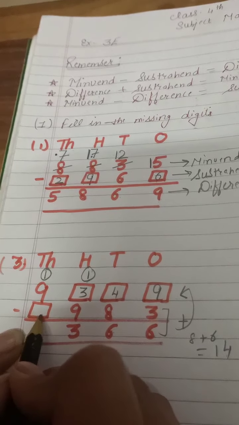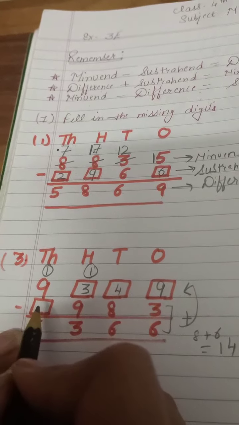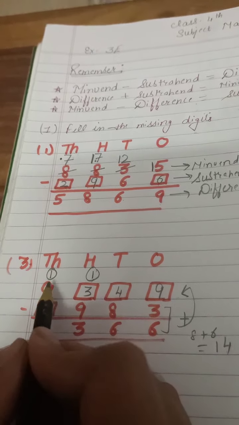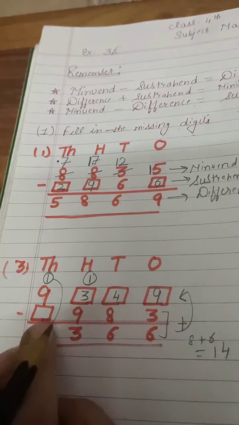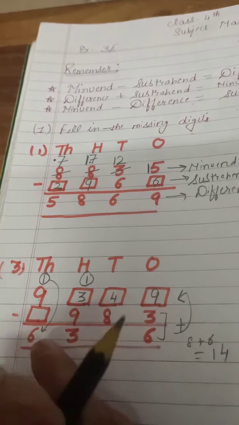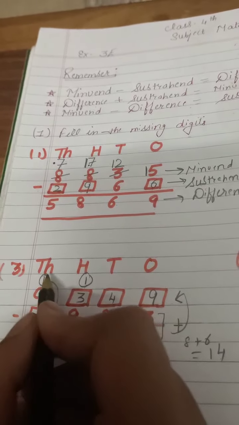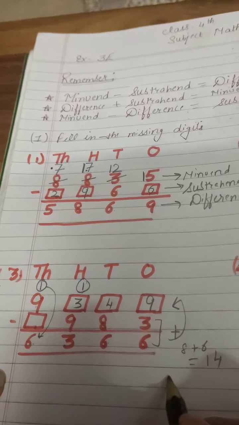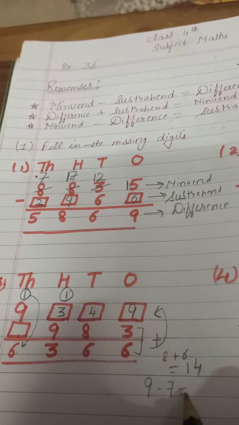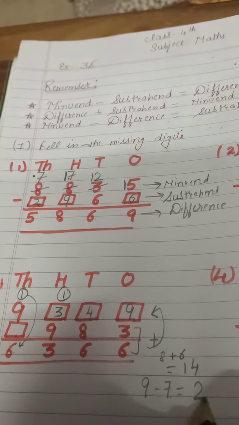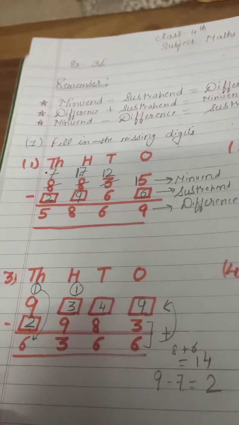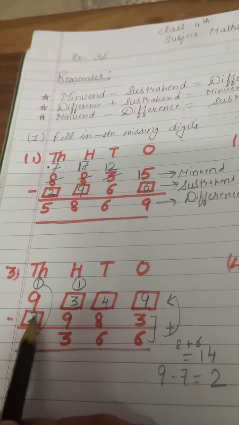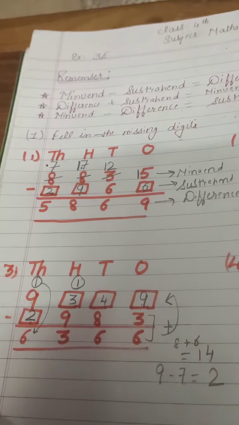Okay, to find the subtrahend, we subtract the difference from the minuend. But this one we will add here. You have to keep this point in your mind. Okay, so 6 plus 1, yes, 7. So 9 minus 7. Yes student, 9 minus 7 equal to 2. So write here 2. So the missing digits are 2, 3, 4, 9.